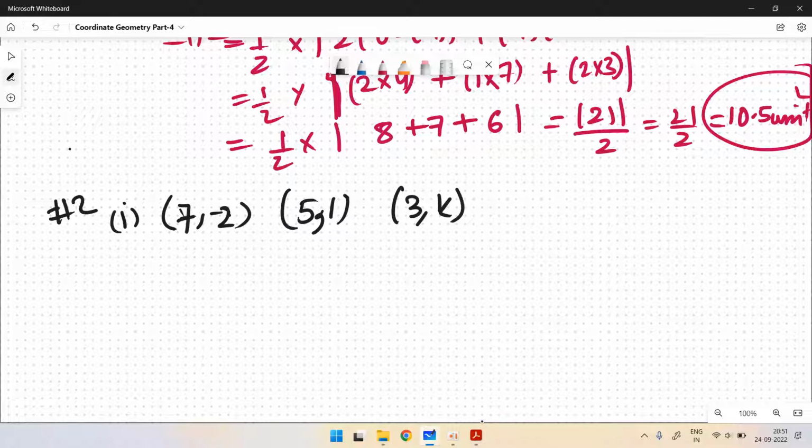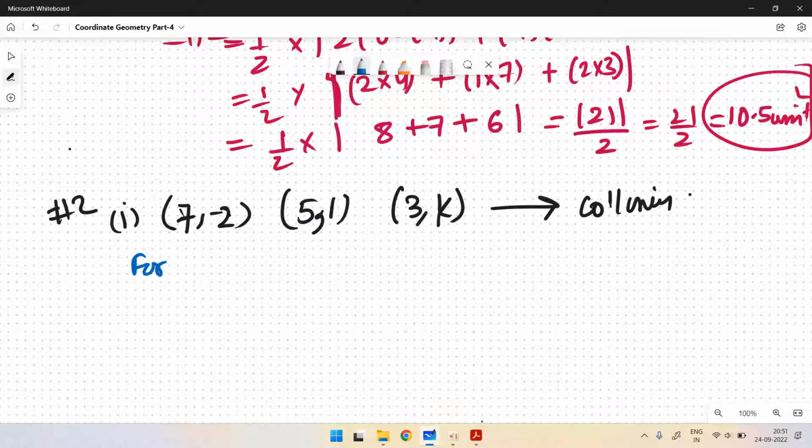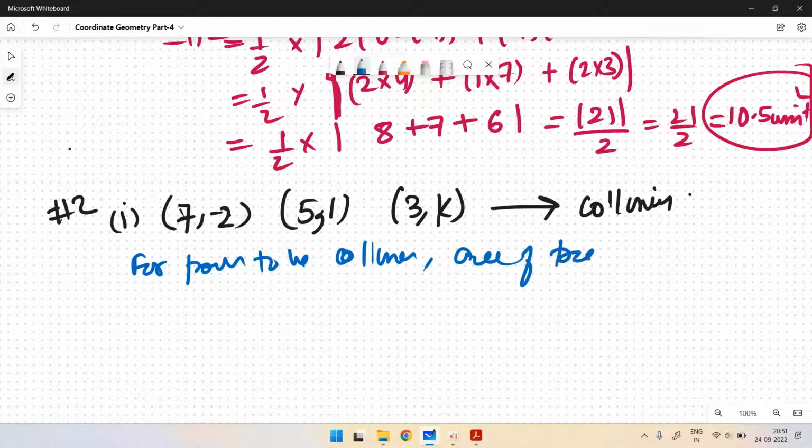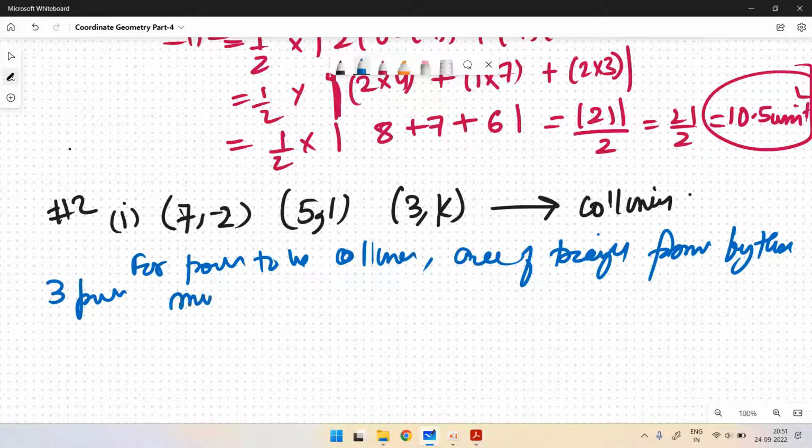These are my points and I need to find the value of k so that these points are collinear. You already know that for points to be collinear, the area of the triangle formed by these 3 points must be 0.